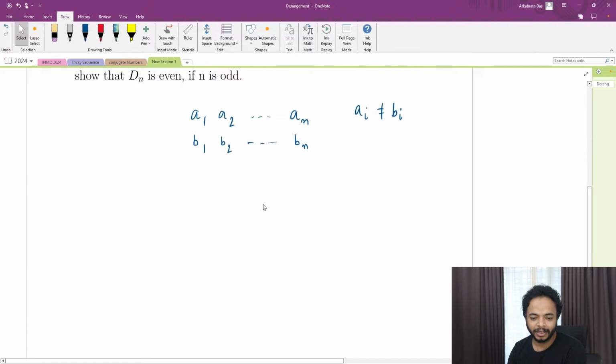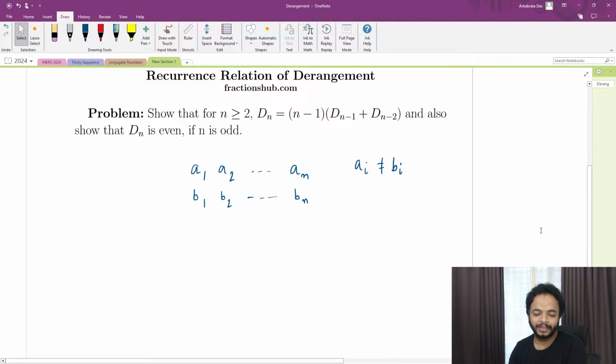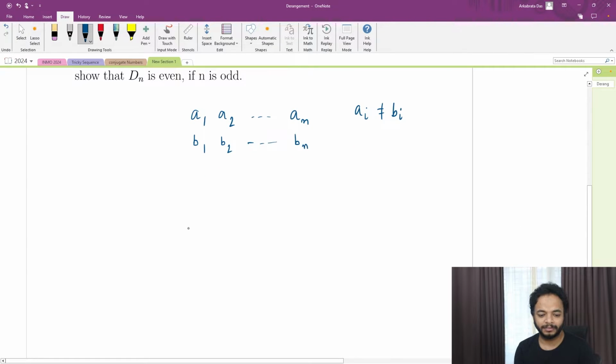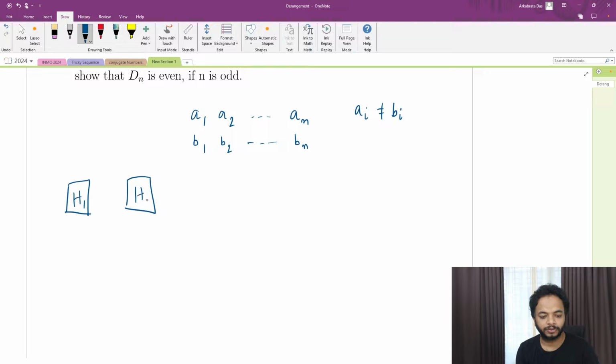So now what we'll do is take that problem. Suppose we have n houses: house 1, house 2, house 3, and so on till house n.